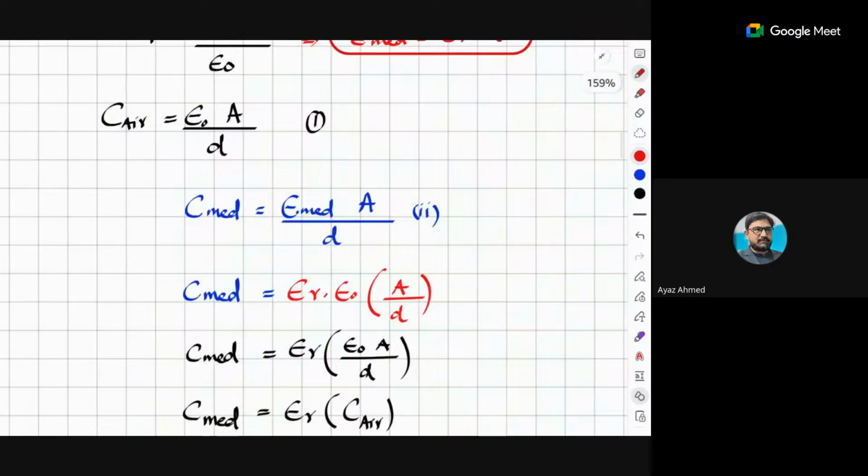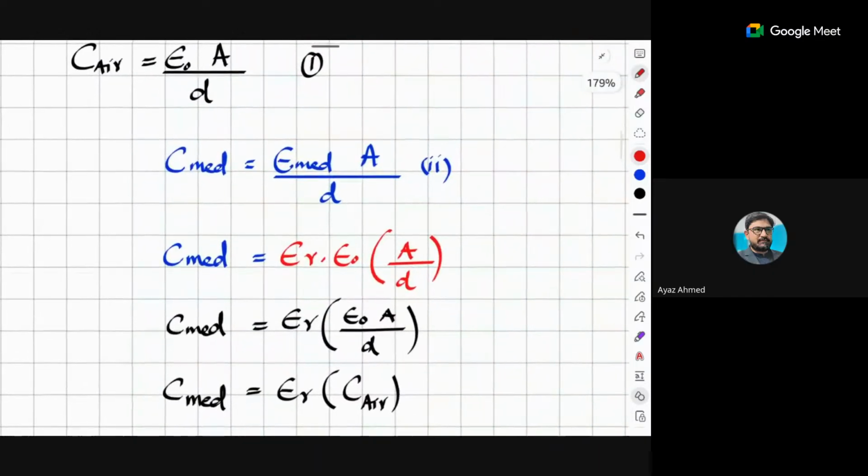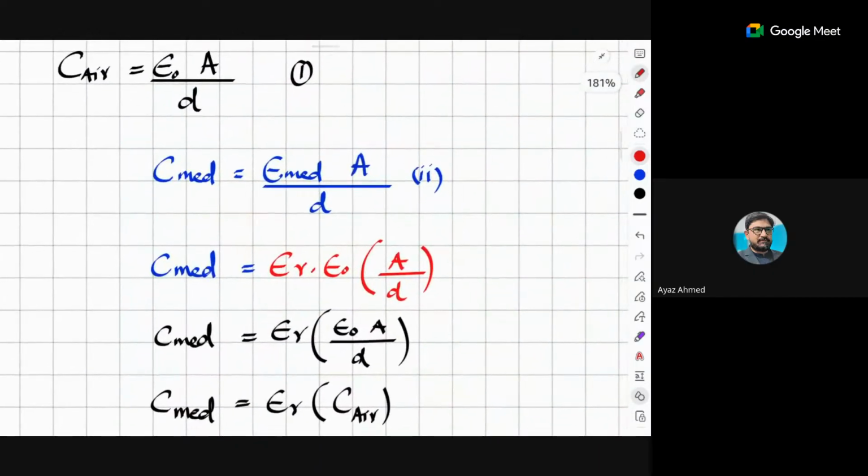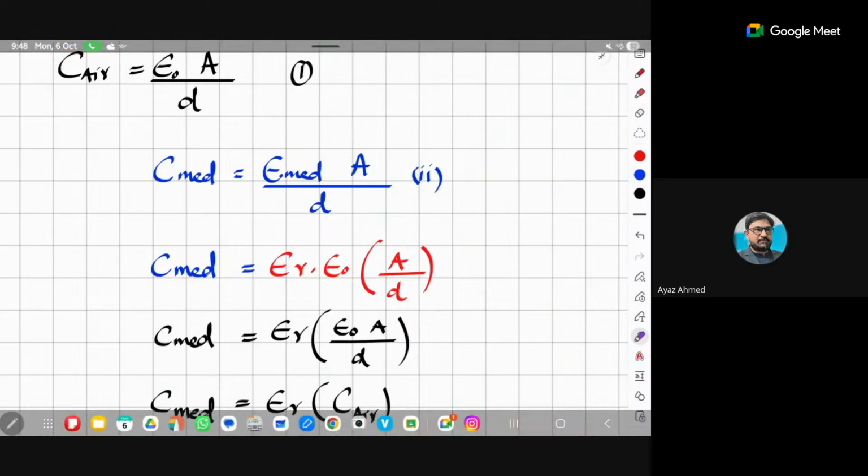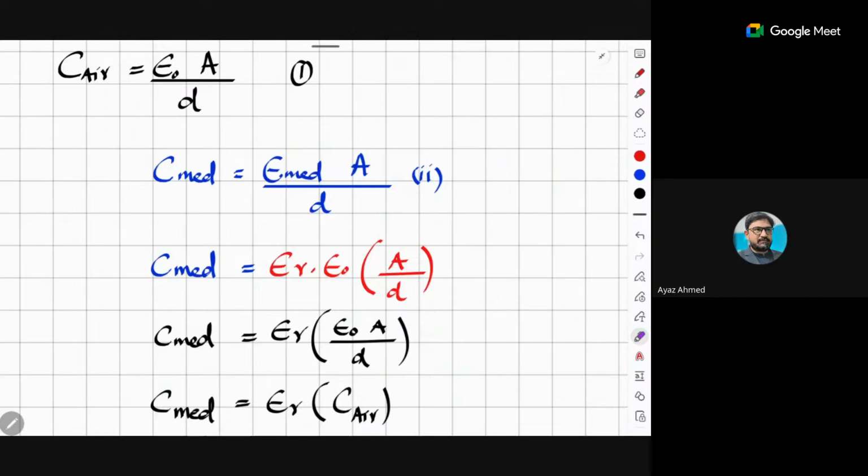Yes. Now, this entire slide is very important. In the first half of the slide, I told you about the capacitance in the presence of air. When there is air in between the plates, what will be the capacitance? Capacitance will be epsilon naught A divided by D, isn't it?